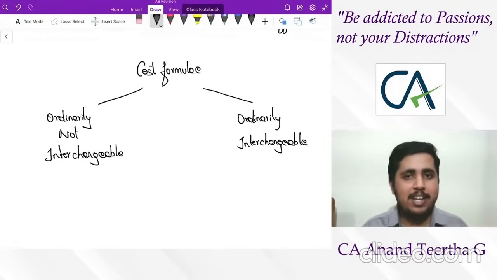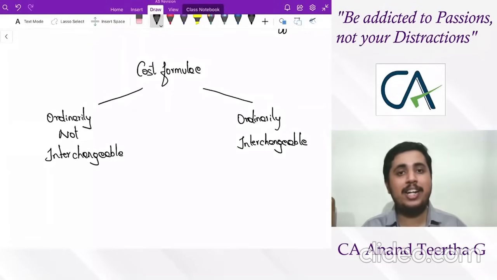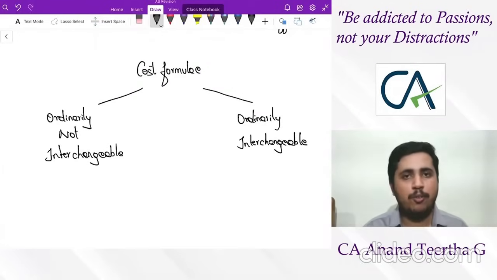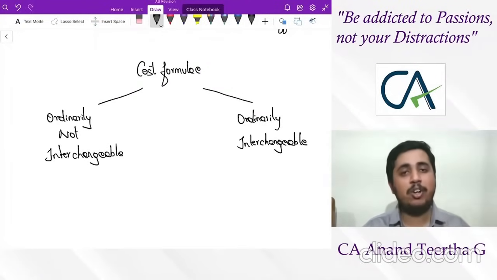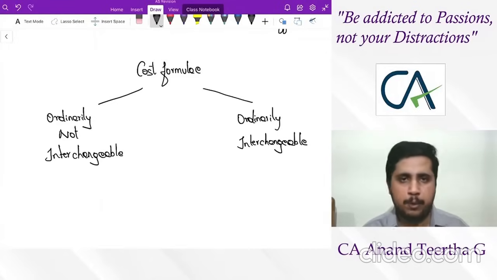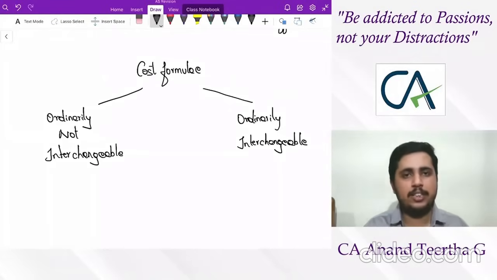So they are not interchangeable. You cannot say engine number 101 and give an engine number 104 car. It has to be given in the same way. That is ordinarily not interchangeable. So ordinarily interchangeable is where one product can be replaced with the other. Not interchangeable, it's not possible. That is the situation in which the standard bifurcated them.